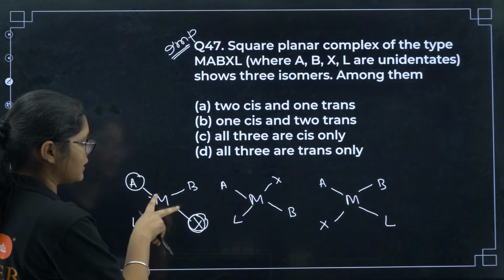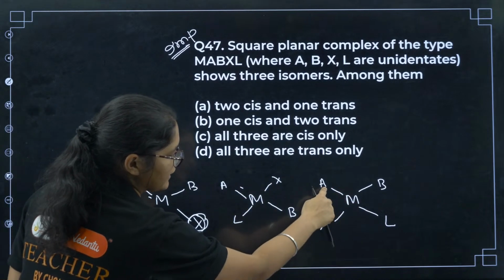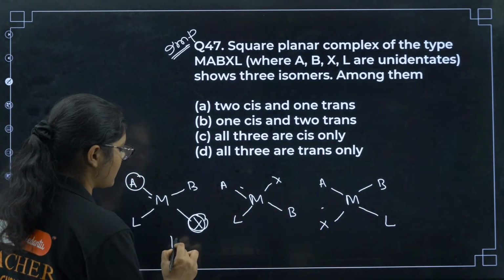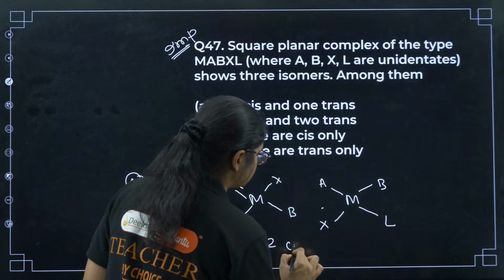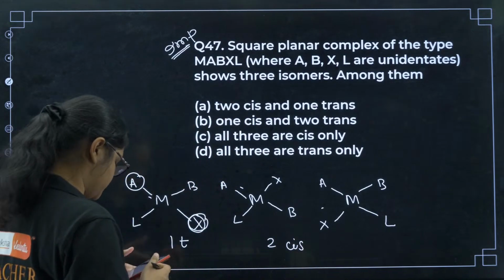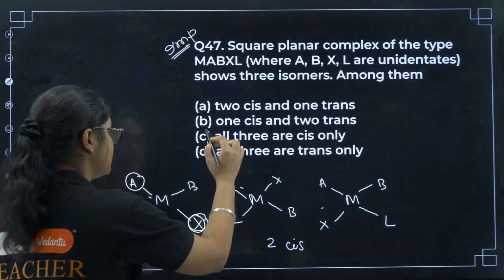So here they are trans, here they are cis and here they are cis. So we have one trans and two cis, okay. So that is your option number A. Yes, very good.